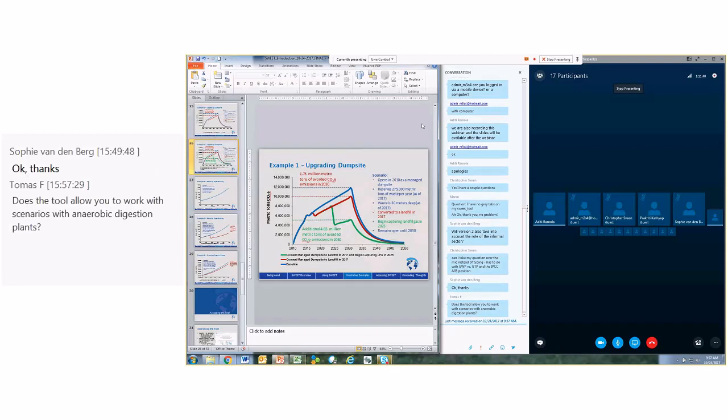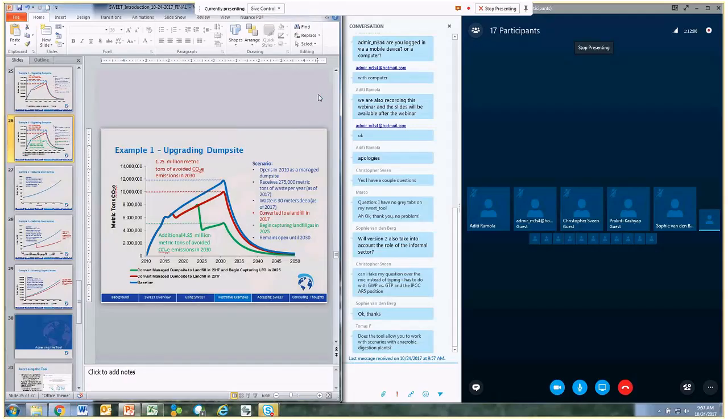So Tom's asked a question, Joe. Yes. The answer is yes. The tool does allow you to consider a baseline and up to 4 alternative scenarios with anaerobic digestion plants. That said, it is not designed to allow you to evaluate different anaerobic digestion technologies. We considered that and felt that it would be adding a little too much burden to this tool.